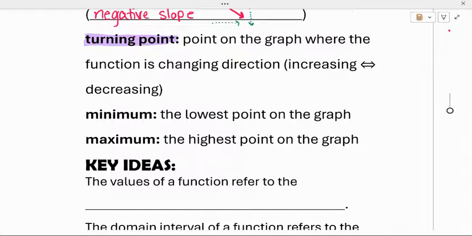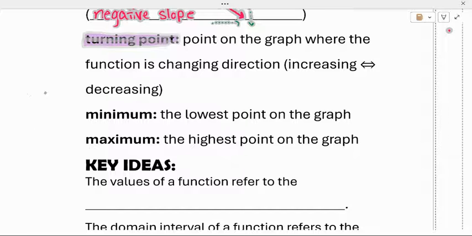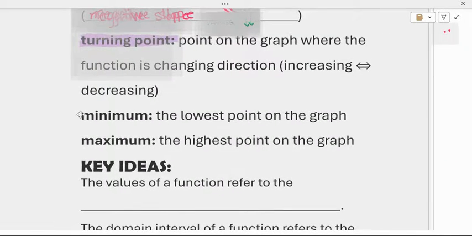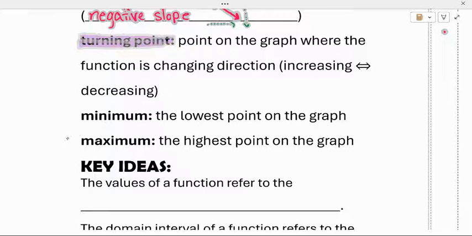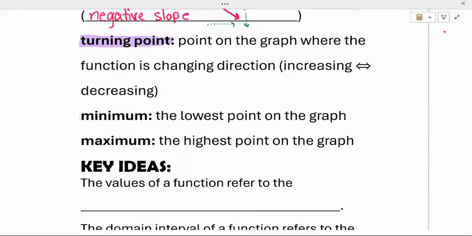What do you think the minimum is? Yeah, the minimum is the lowest point on the graph. And that means that the maximum is the highest point on the graph.